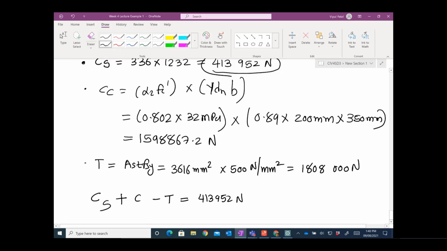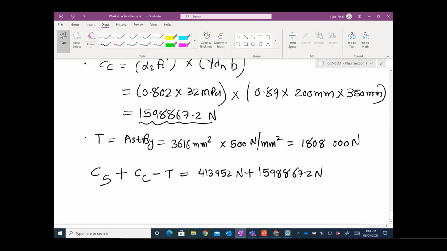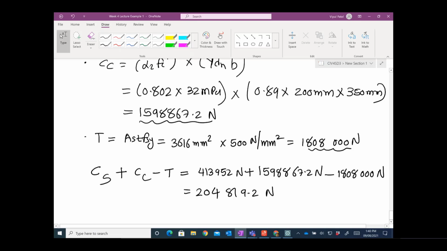And Cc is plus 1,598,867.2 newtons. And then finally this force which is in the tension, 1,808,000 newtons. So my target is to get 0, but it is not 0, it is 204,819.2 newtons.